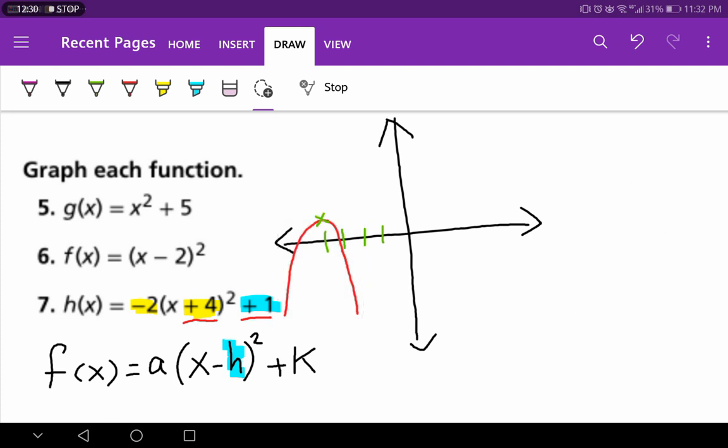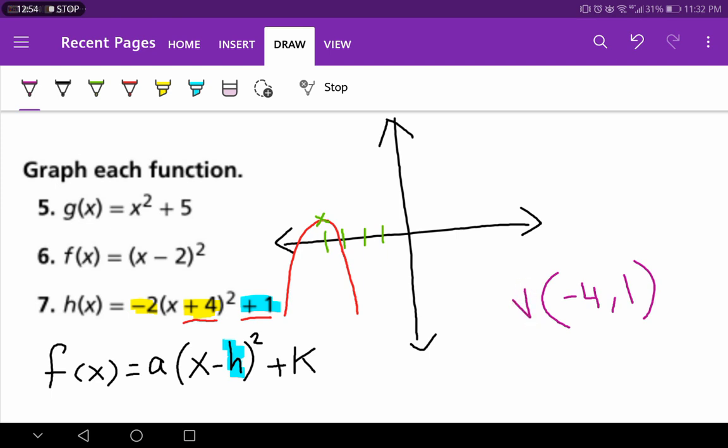Now what is the vertex for this? Clearly it is -4, 1, because I move 4 steps to the left and I jump up 1 step. So this is the vertex.